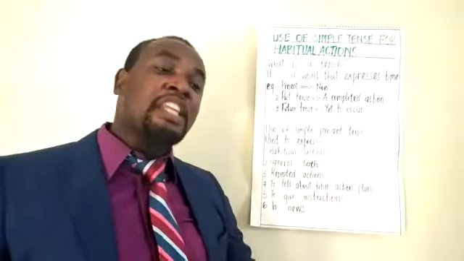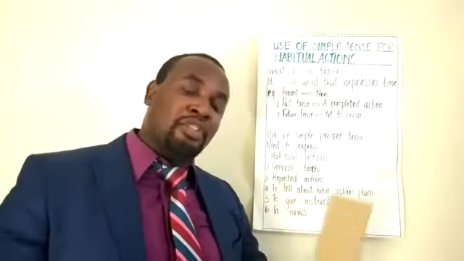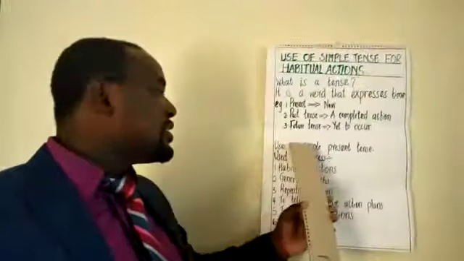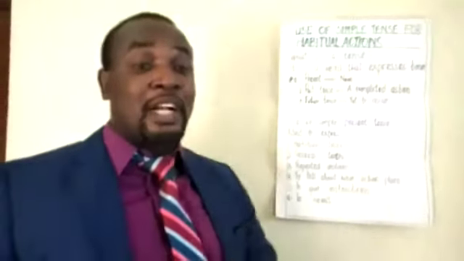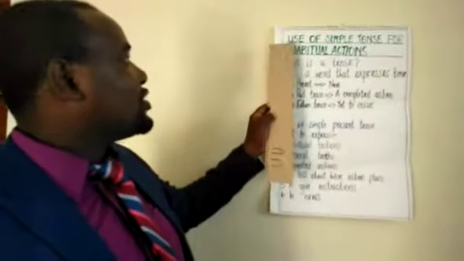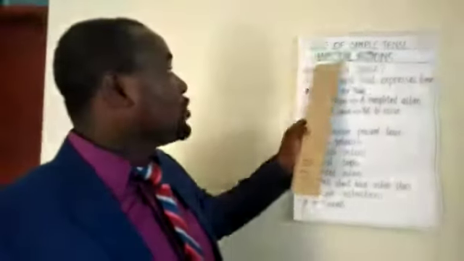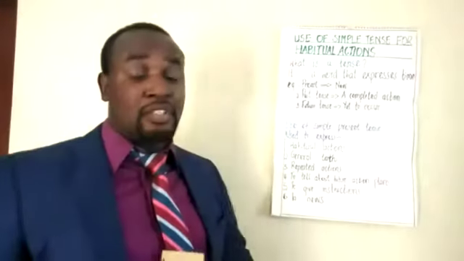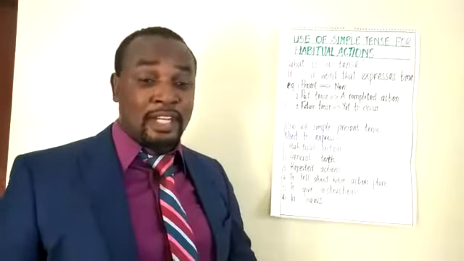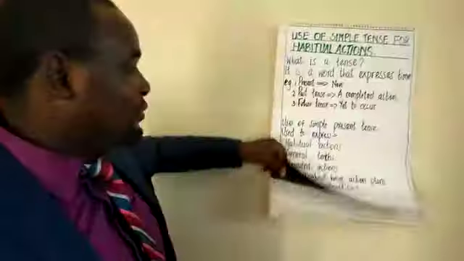When you're giving news to somebody, you use simple present tense. Let's not forget that the main focus of our lesson today is to know the uses of simple present tense in our number 1, habitual actions. That is where we are focusing today. Follow me.